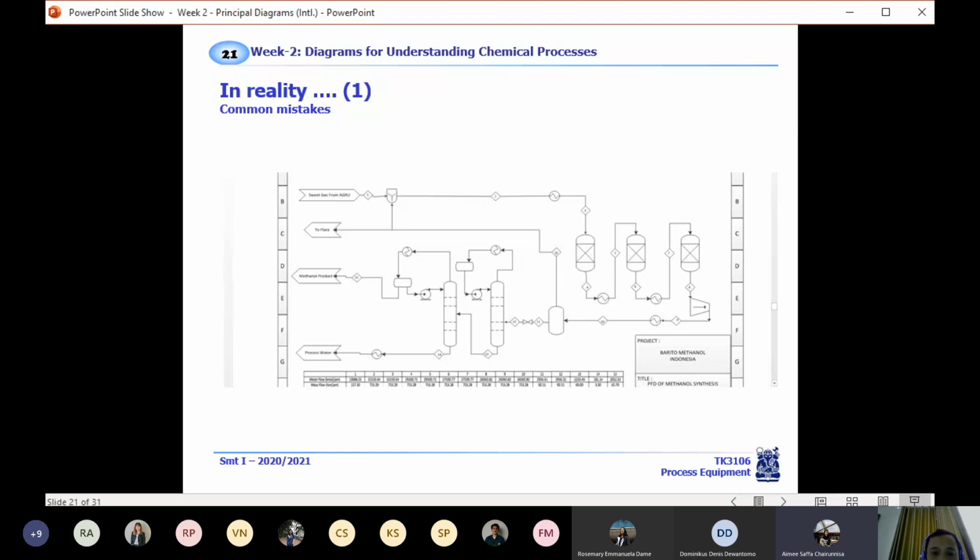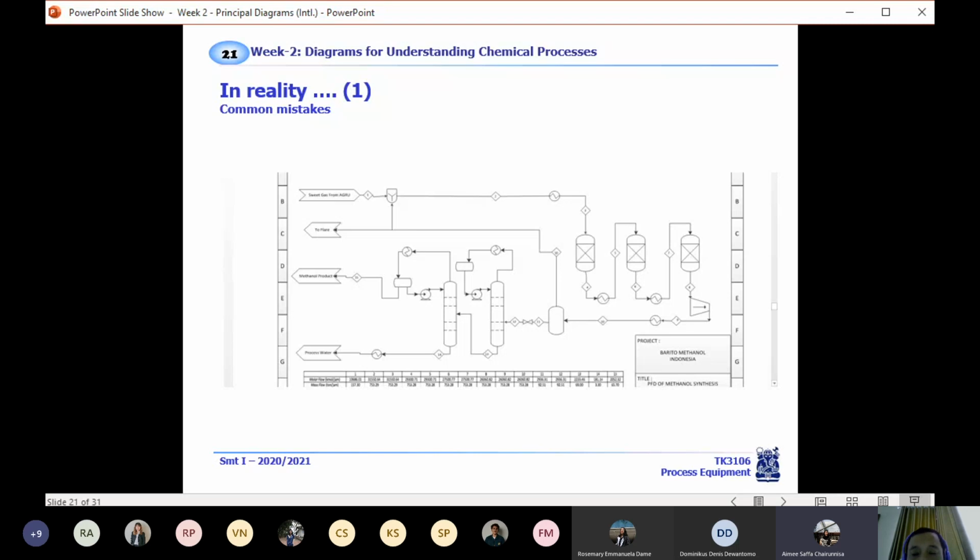I think it shouldn't be like that. What should it be? The equipment. Okay, the equipment is wrong? You mean something like that?